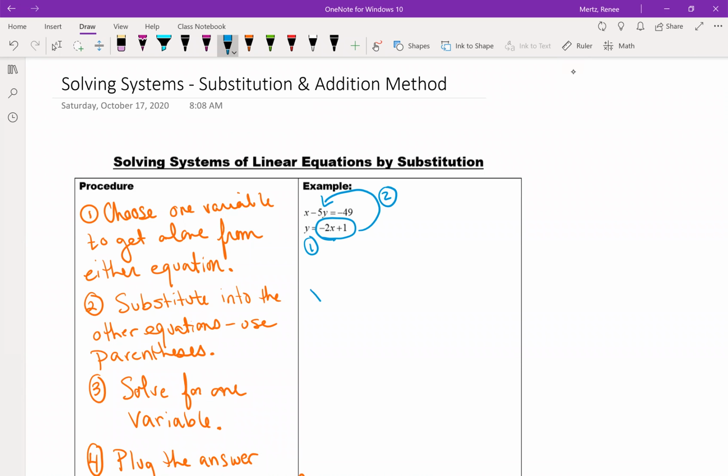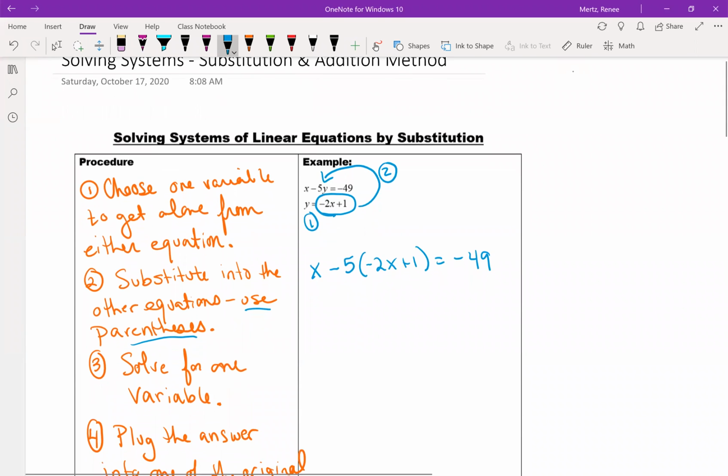So that looks like x minus 5. It says use parentheses. So plug it in with parentheses, negative 2x plus 1 equals negative 49. Once you do that, now we're going to be able to distribute, combine like terms, and solve the equation.